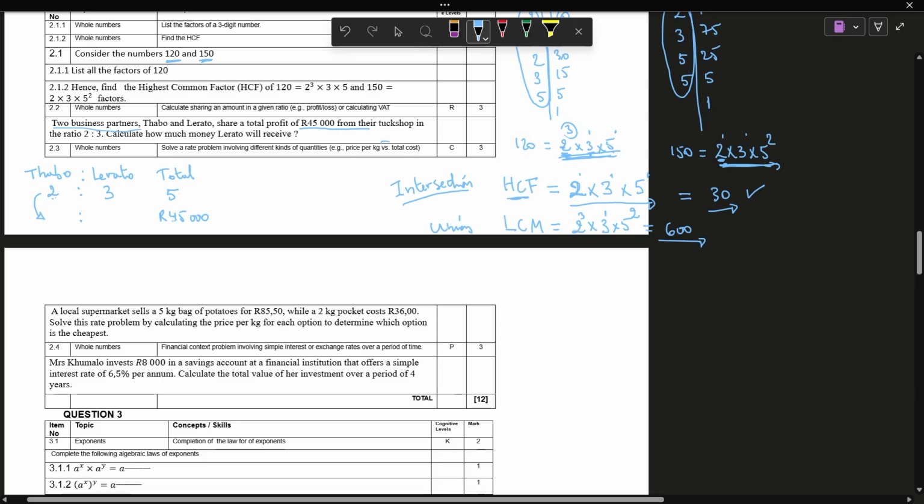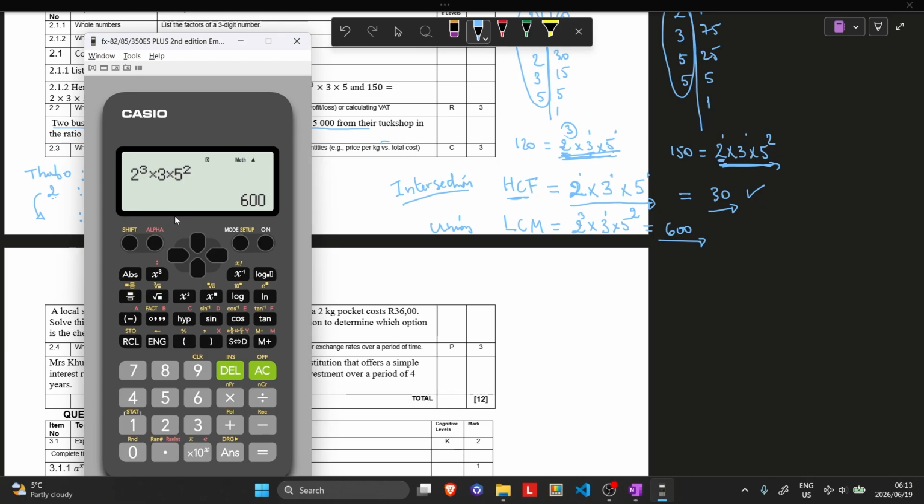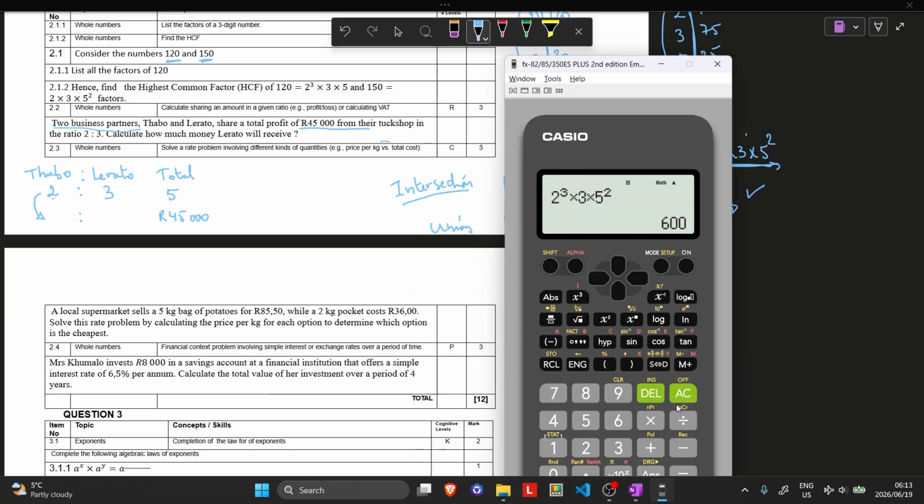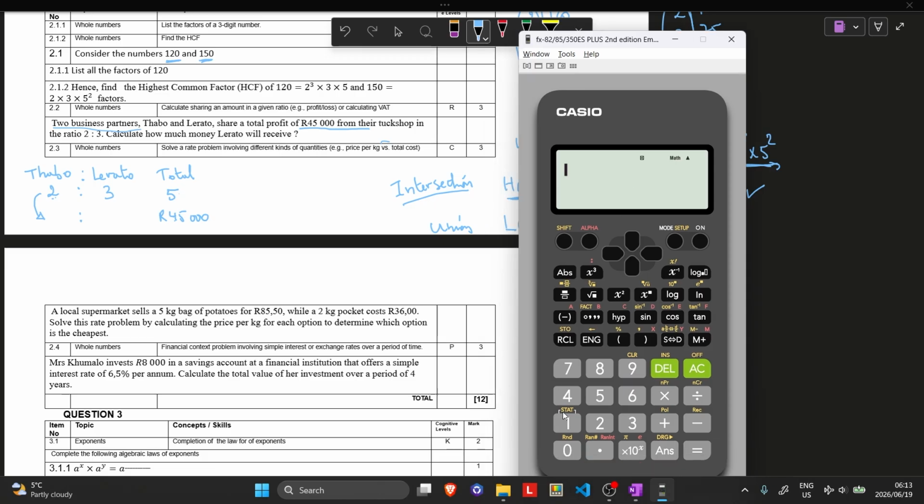So 45,000, I can bring my calculator here. So it's going to be 45,000 divided by 5. Why am I dividing by 5? Because I would like to know the amount of each unit so that I can allocate them accordingly. I divide by 5 is 9,000.